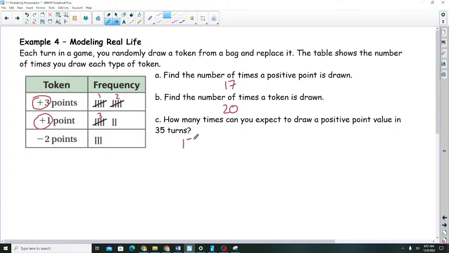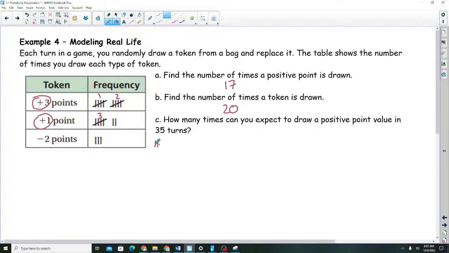So what we do is we stop and we look. 17 divided by 20. Now, I'm going to do this a little bit differently now that I'm thinking this through. Couple different ways we could do this.